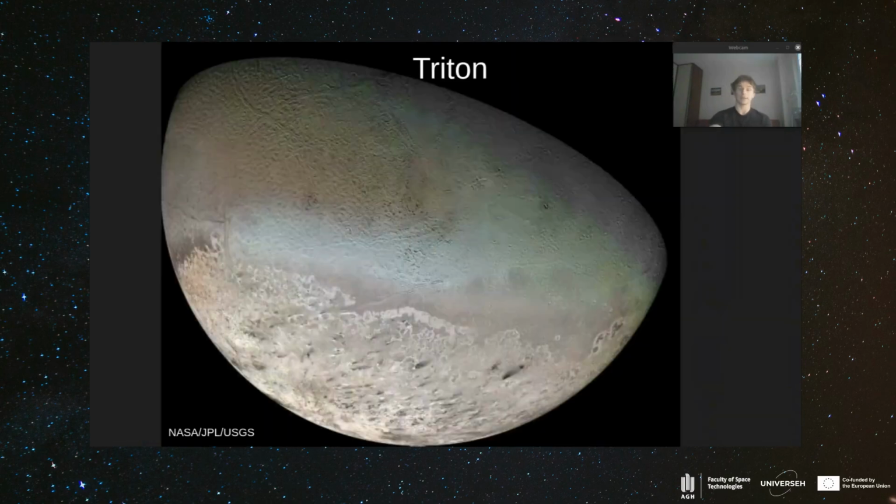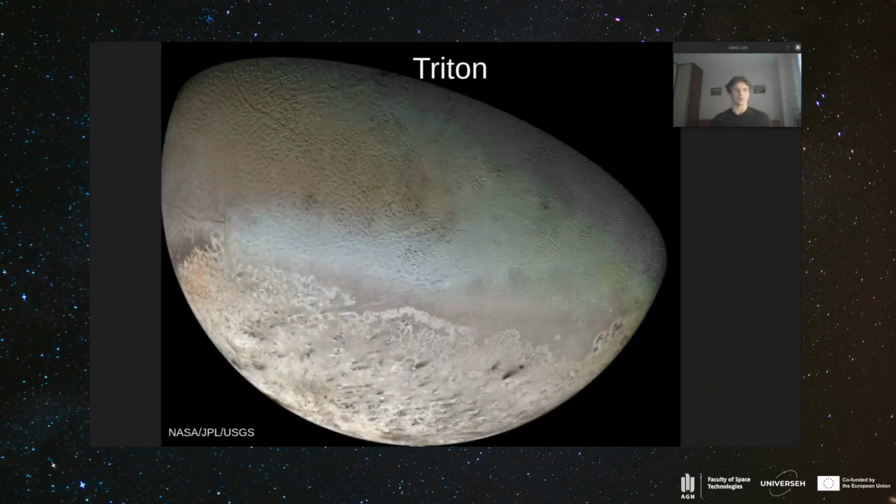Okay, so the next moon is Triton. It's the only large moon of Neptune. There's an interesting thing happening on Triton because it has active geysers.